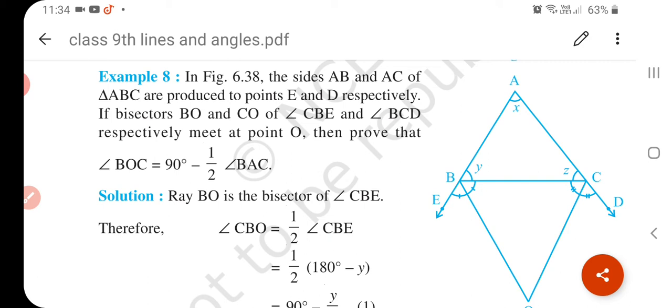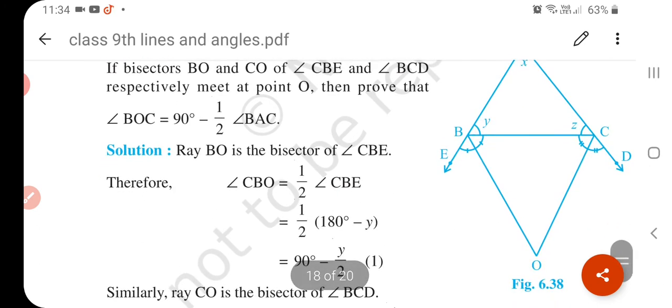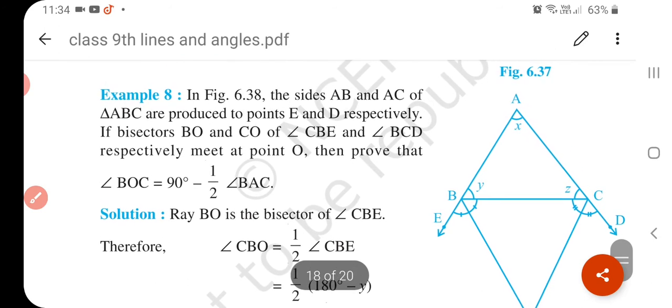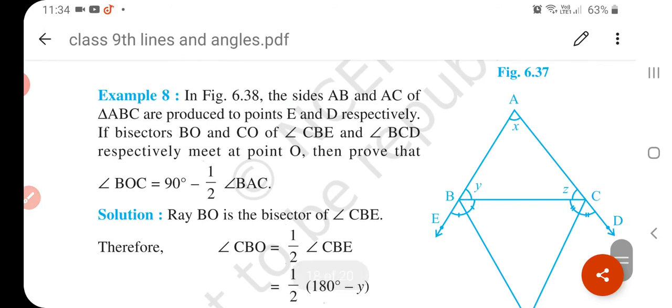If the bisectors BO and CO of angle CBE and angle BCD respectively meet at point O, then prove that BOC is equal to 90 minus 1/2 BAC. Bisector means it divides into equal halves, okay.